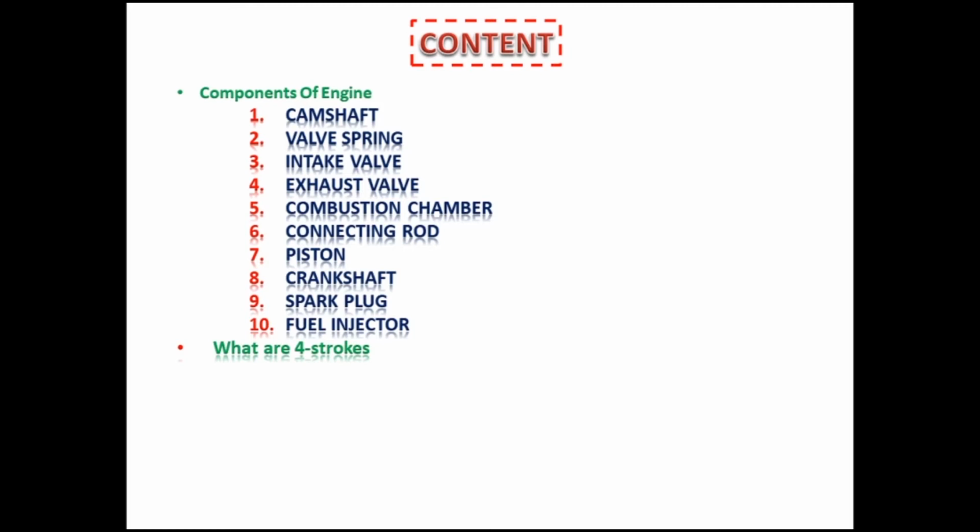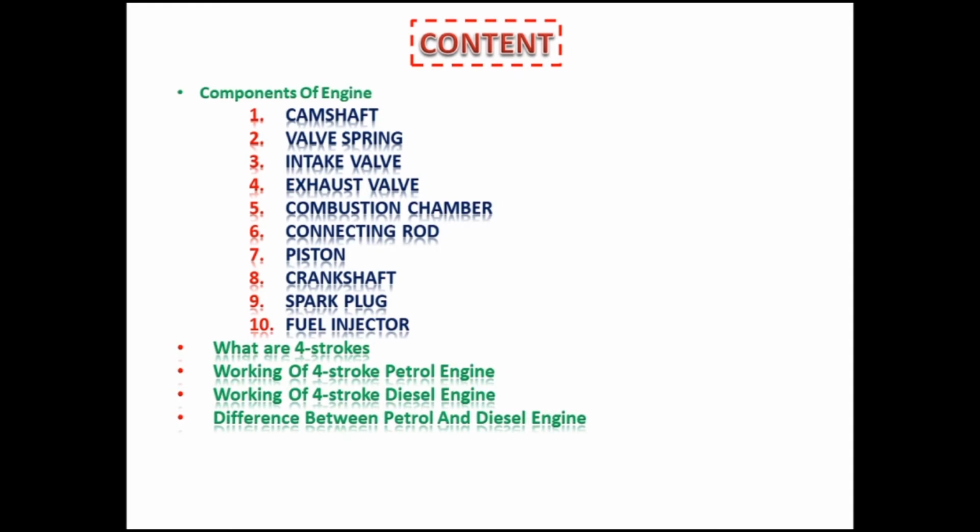Then we will go for the working mechanism of the 4-stroke petrol engine and the 4-stroke diesel engine. Then we will discuss how the petrol and diesel engines are different. Then we will go for 2 strokes, what happens in them and how the engine completes its working in only 2 strokes. Then we will see the working of the 2-stroke petrol engine and the 2-stroke diesel engine.